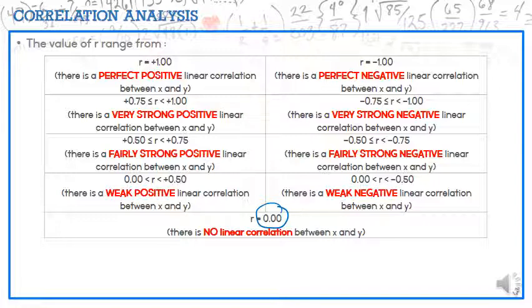Magnitude 1 indicates perfect, 0.75 to less than negative 1 indicates a very strong relationship, and so on. So, in your interpretation, please make sure that you state the strength of the relationship, the direction of the relationship, and between what variables.